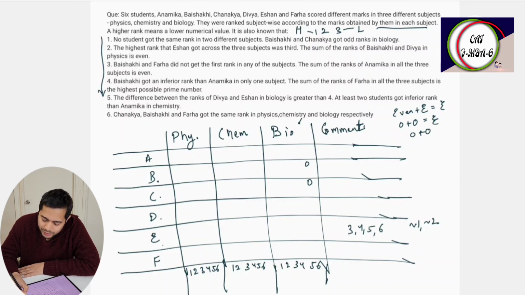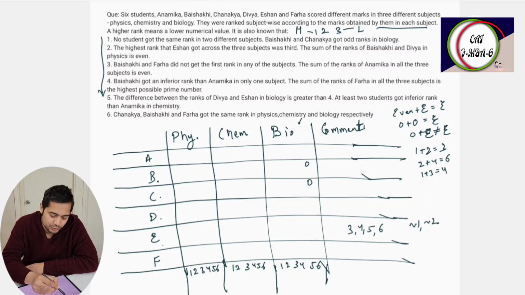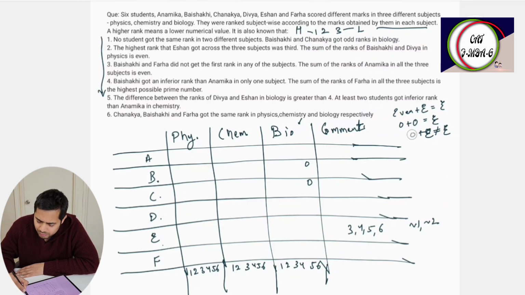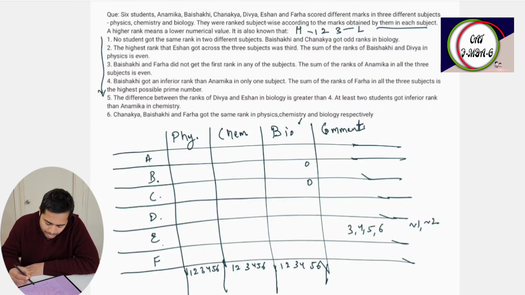Odd plus even cannot be equal to even. You can try it. 1 plus 2 is equal to 3, odd. 2 plus 4 is equal to 6, even. 1 plus 3 is equal to 4, this is also even. So this trick you must always remember. If you do not remember, you can take some examples and write it down. Okay, you can figure it out.